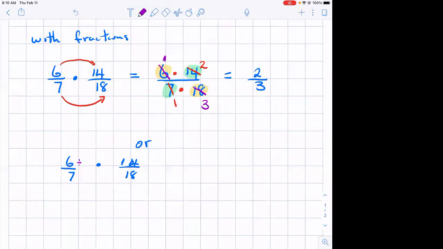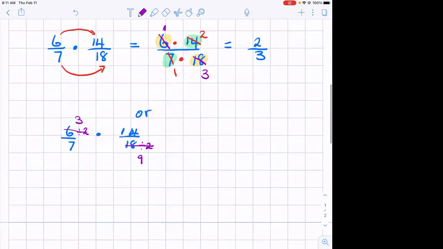We can divide by 2, if you want to divide by 2, you could. If you divide here by 2 and this by 2, 18 divided by 2 becomes 9. 6 divided by 2 is 3. So we have here 3 over 7 times 14 over 9.